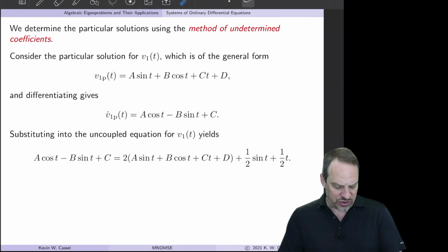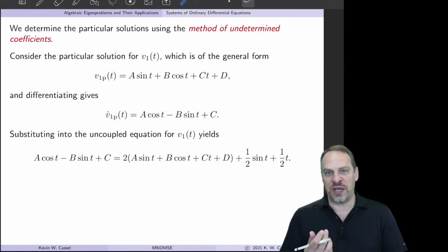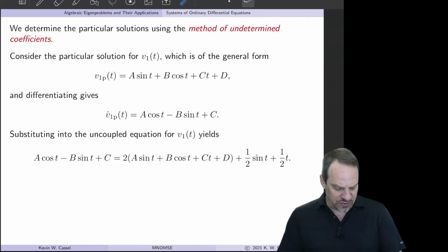So if I look at the cosine terms, I have an a times cosine on the left, I have a 2b times cosine on the right, and that's it. So a has to be equal to 2b. For the sine terms, I have a minus b is equal to 2a plus 1/2.